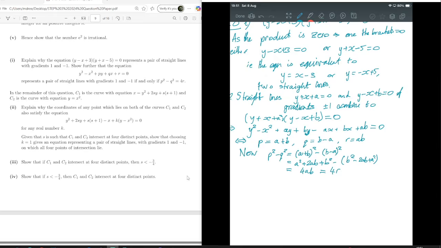Now, if that condition holds, then have we shown that we can factorize?